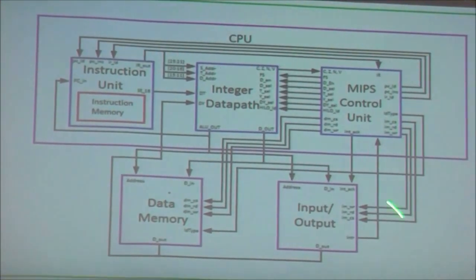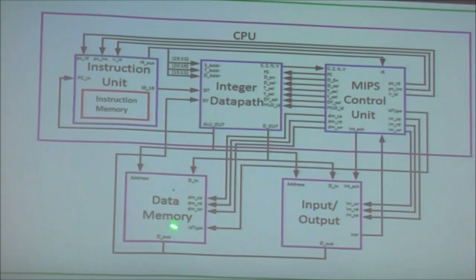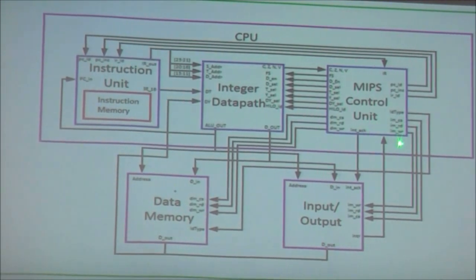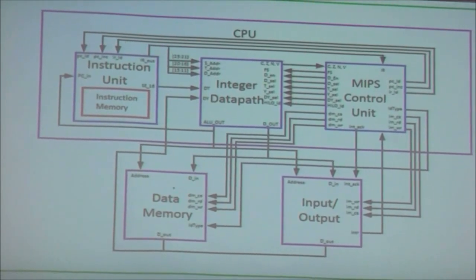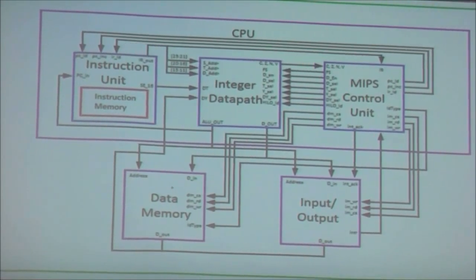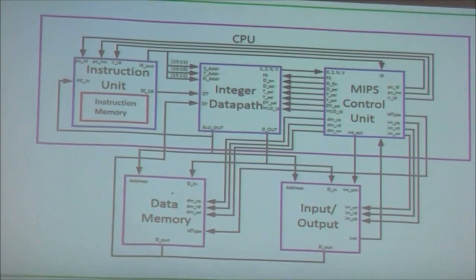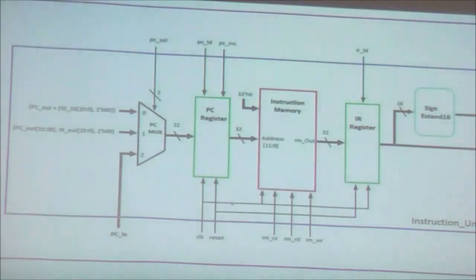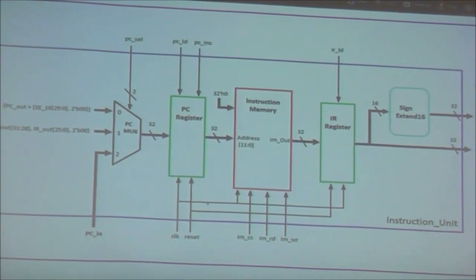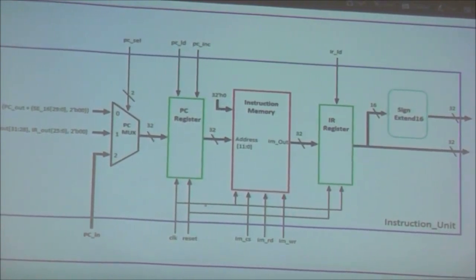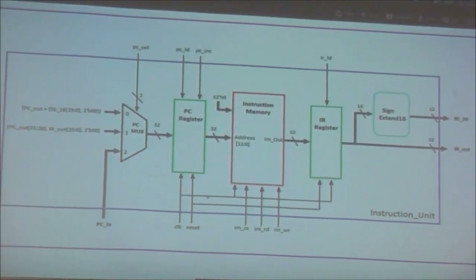The input and output memory and data memory are wired to the MIPS control unit, similarly to each other. And our instruction unit is the same. We did not make any enhancements there.